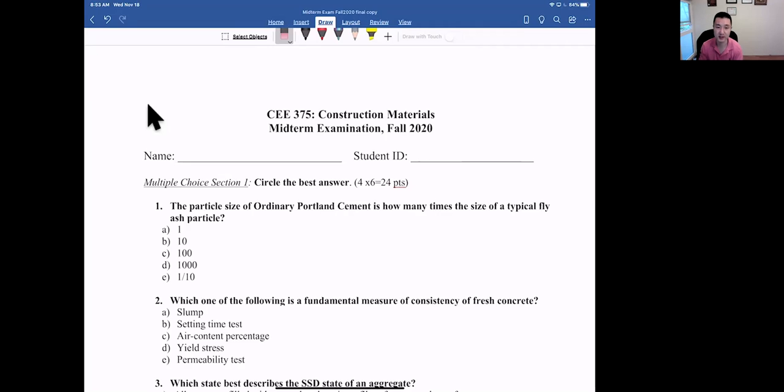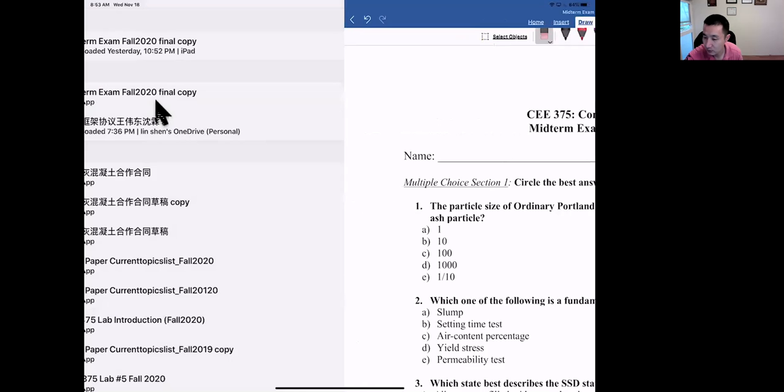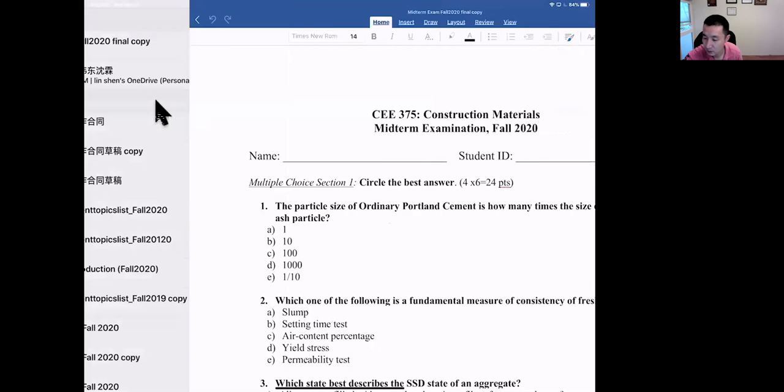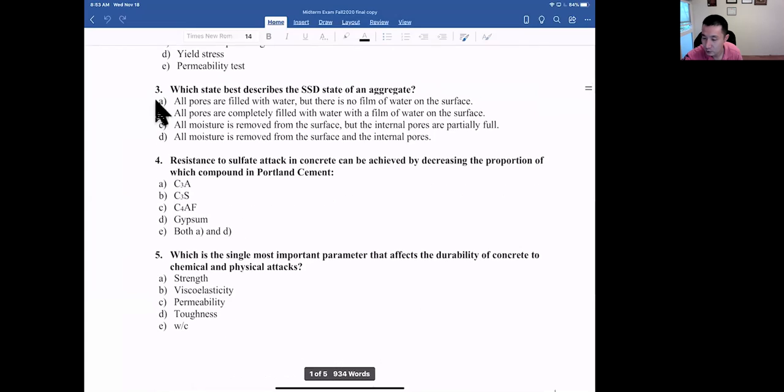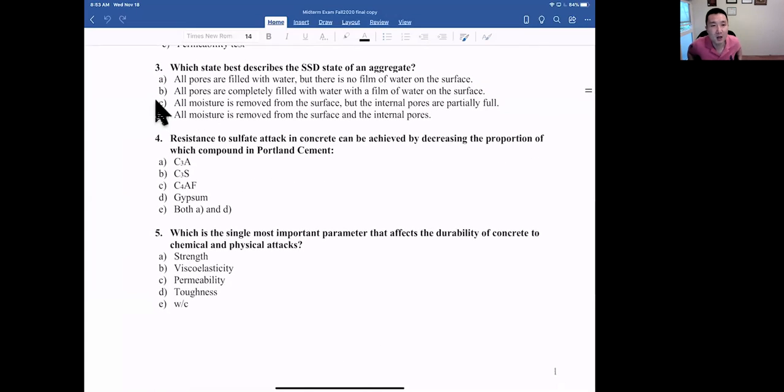So the right answer is A. Question number 3. Which state best describes the state of aggregate? That question is easy. So answer is A. All pores are filled with water, but there's no film of water on the surface. So A is the right answer.